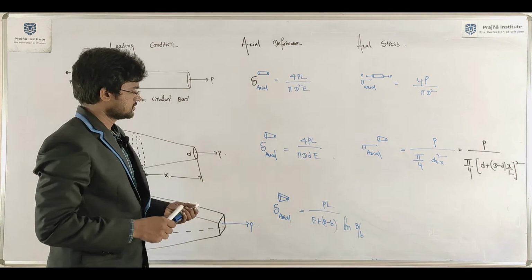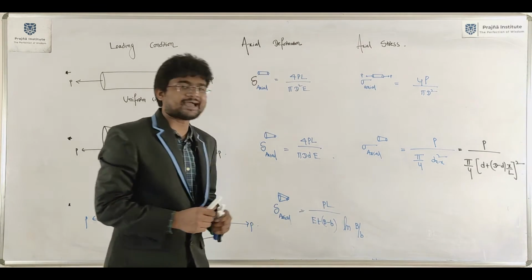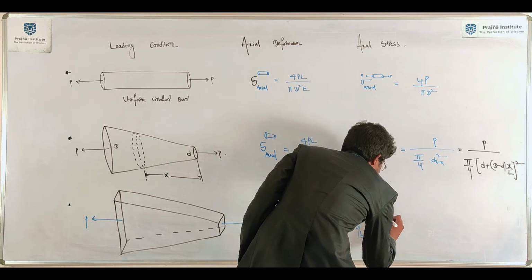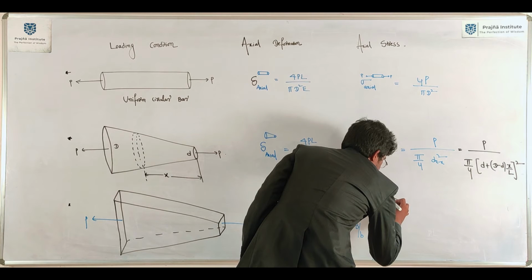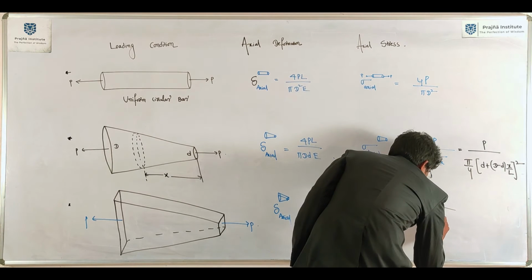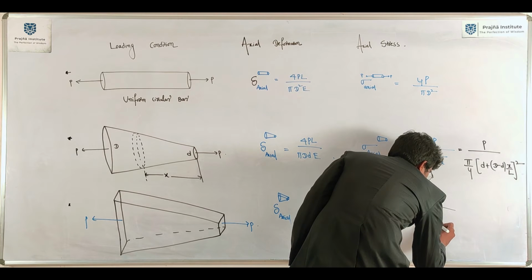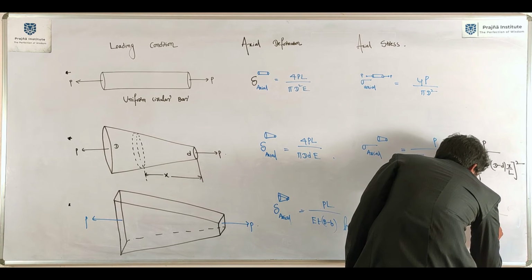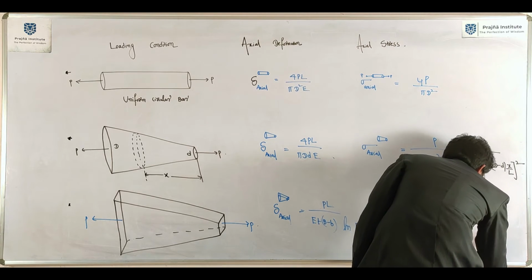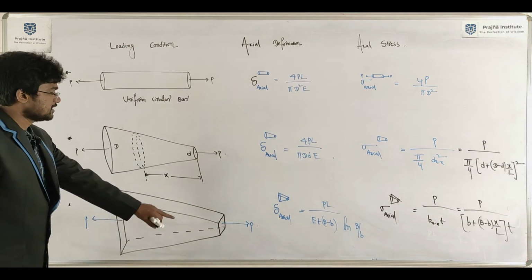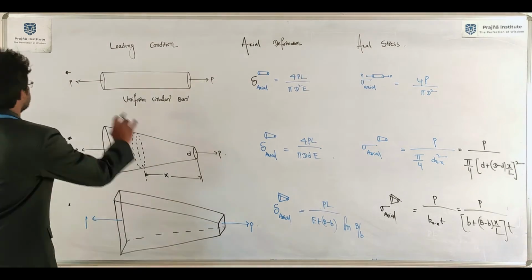This much only. Yes, sigma axial here is P by b(x) into t, that is P by (b plus (B minus b) into x by L) into t. So here also axial stress is varying from here to here.